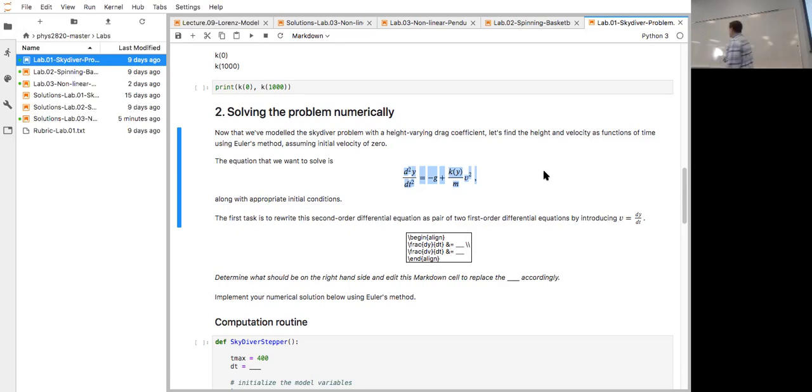I need to write down that. So you're coding by typing, but that's all heavy typing. Well, whatever we covered. So that's Euler's method.